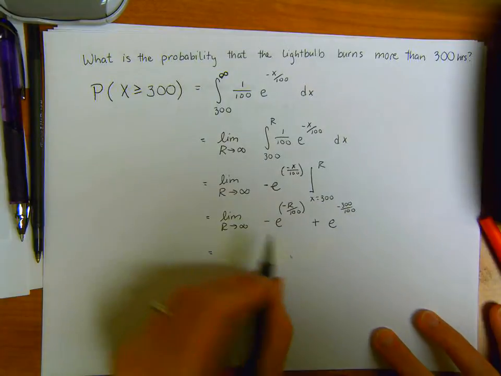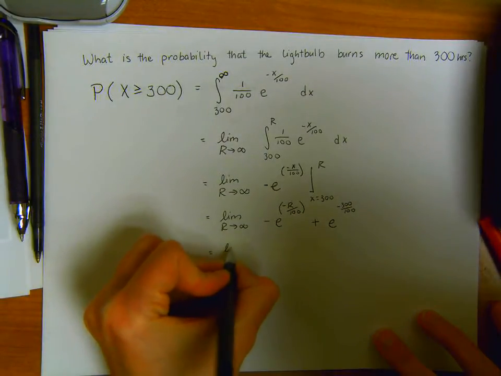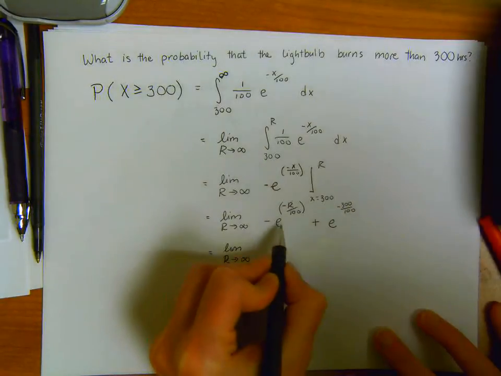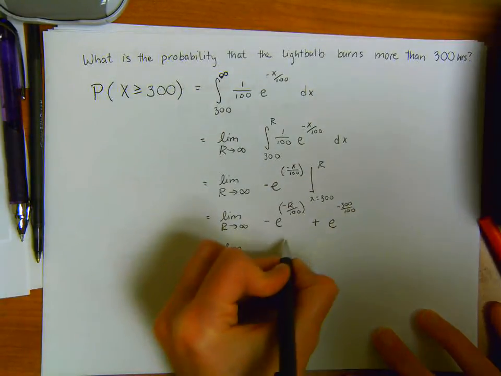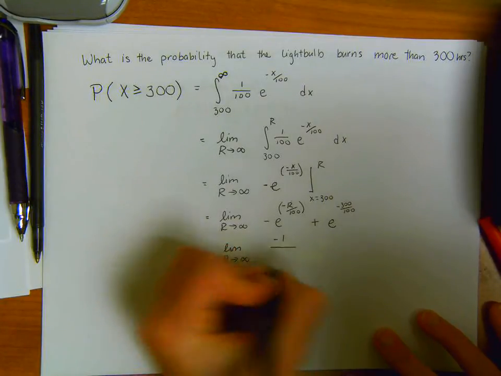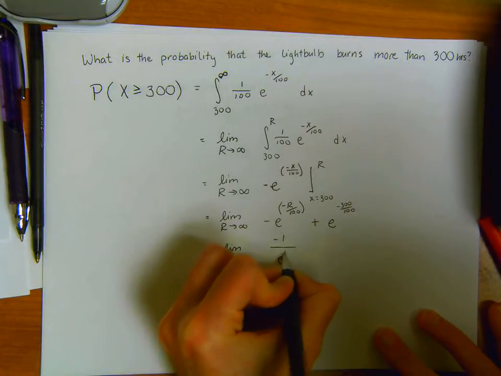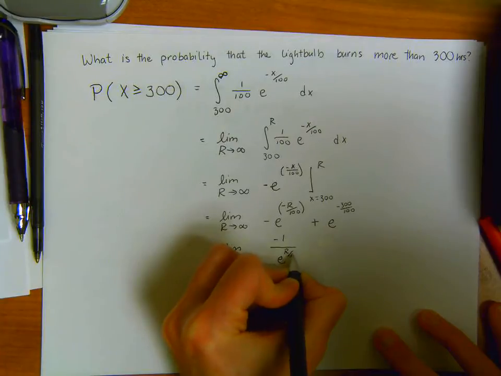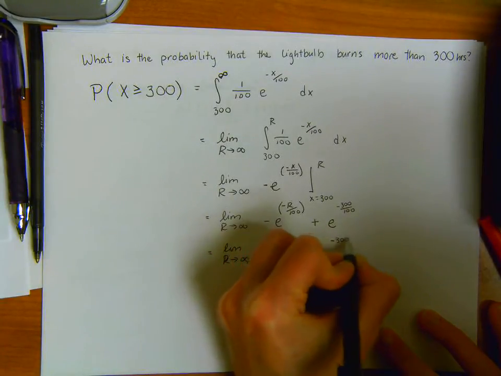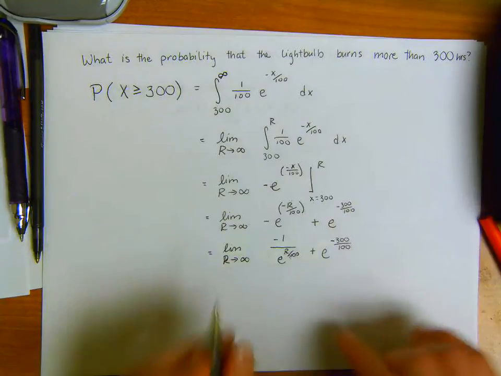So before evaluating the limit, I actually think it's easier first to rewrite this limit as r approaches infinity. Because this is e being raised to the negative exponent, that's the same thing as negative 1 over e to the r divided by 100 plus e to the negative 300 divided by 100.